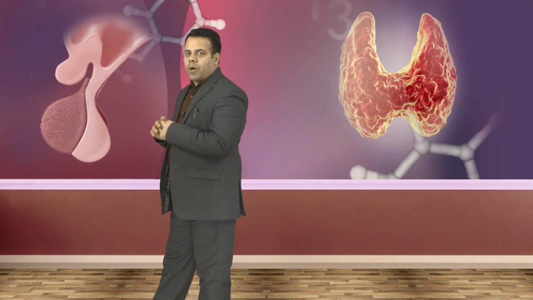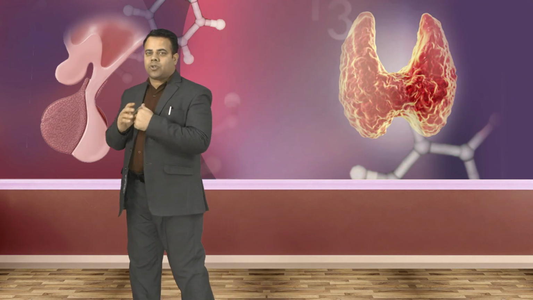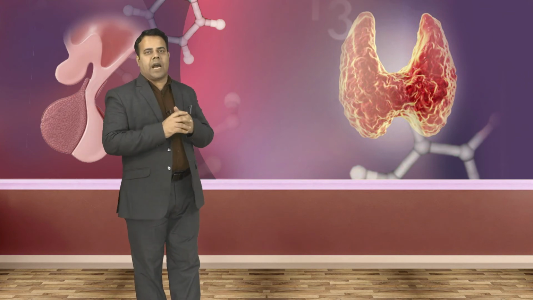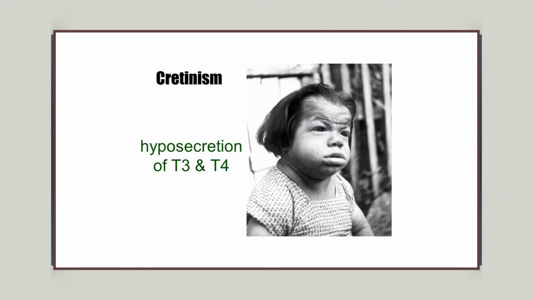The most important growth phase occurs in utero and also in the growing child. Lack or absence of these thyroid hormones is manifested by abnormal, delayed growth and development seen following birth, a condition known as cretinism.